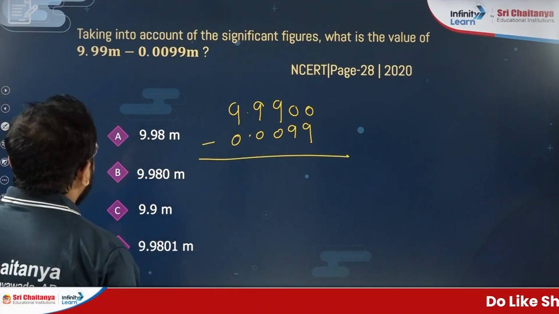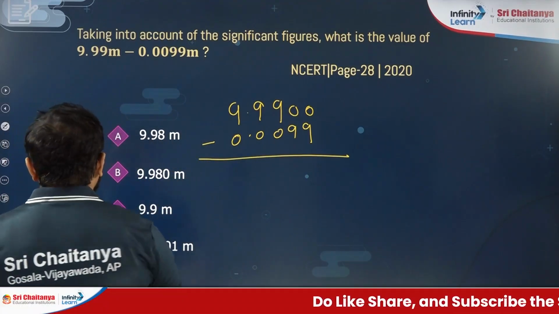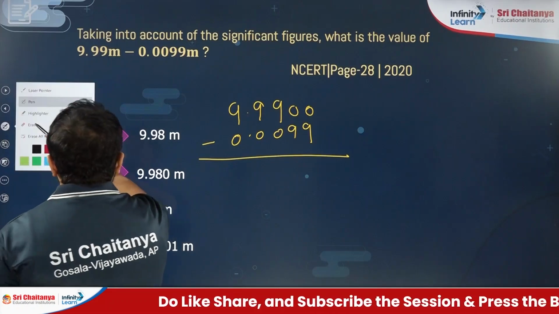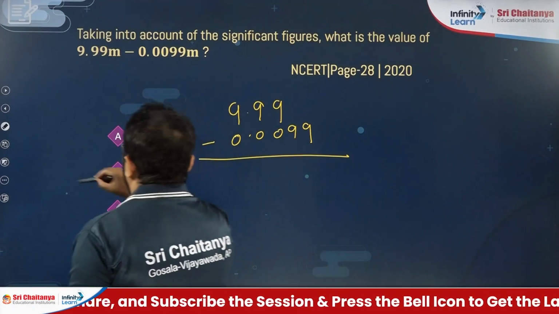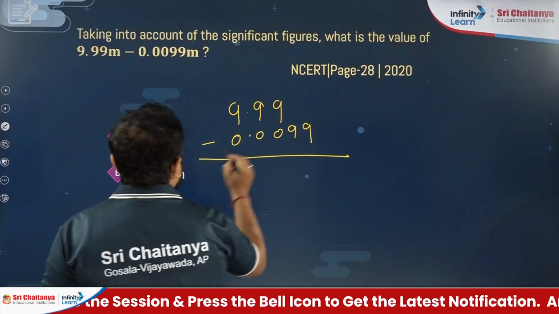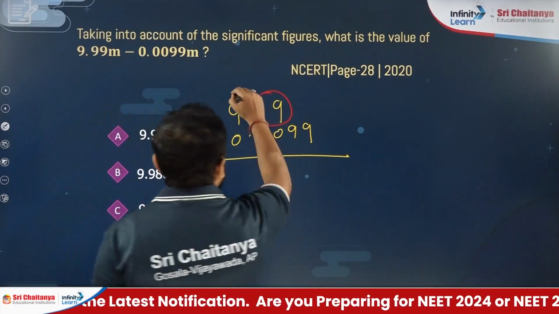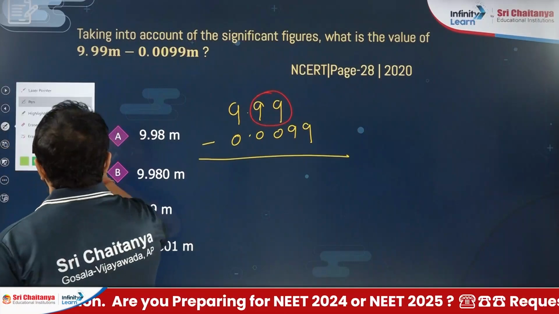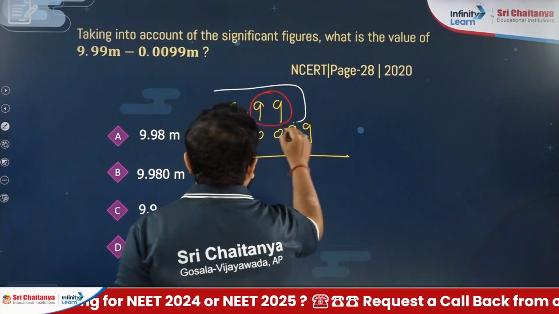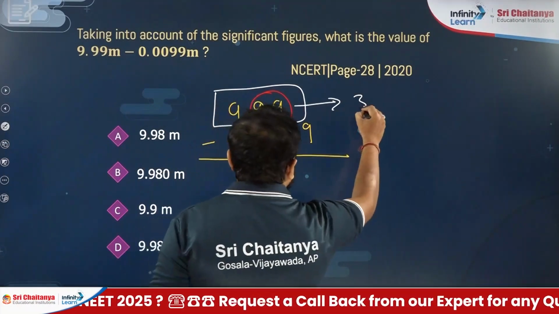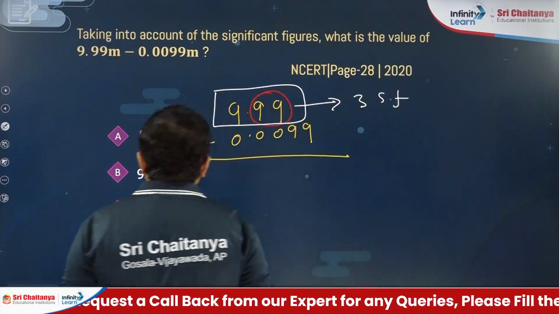Now the operation is subtraction, so apply the same concept which I have told you. Which has the minimum significant figures? This has the minimum. So how many significant figures should be there? 3 significant figures should be there in the answer.